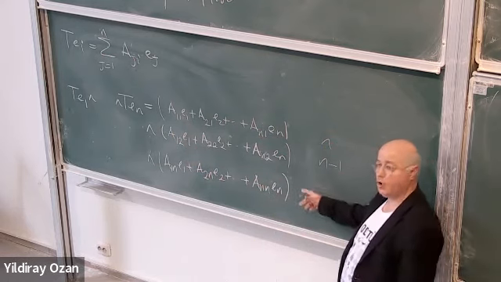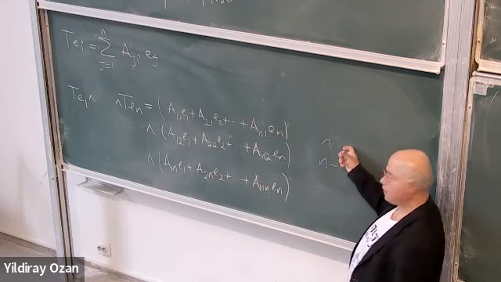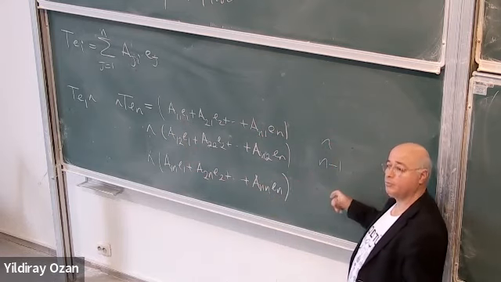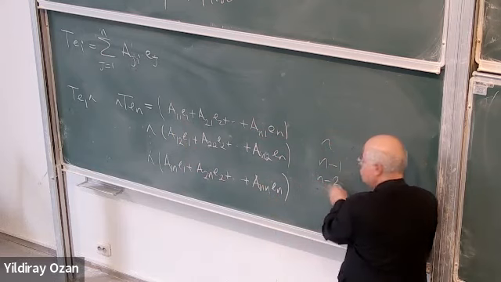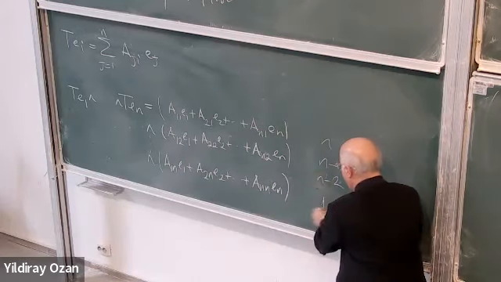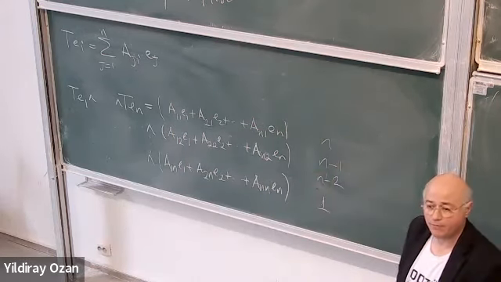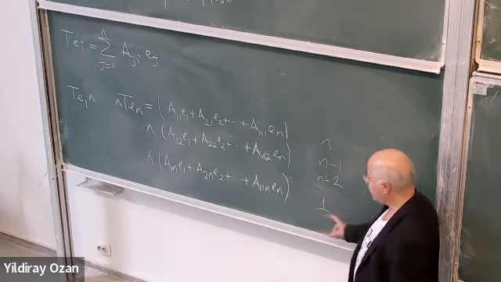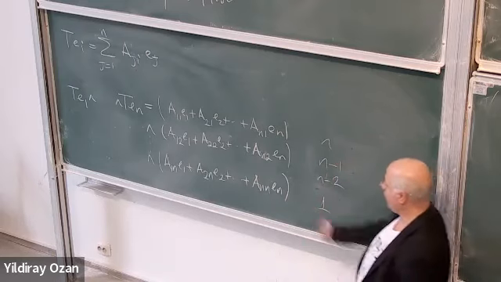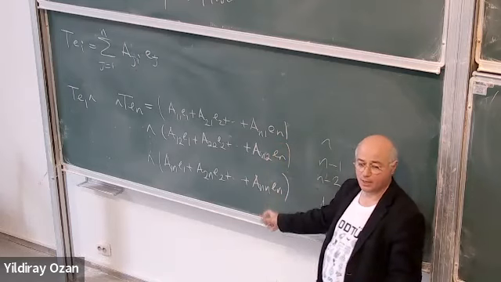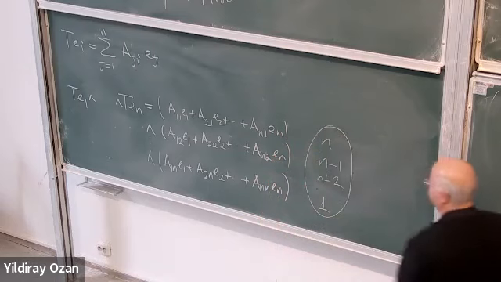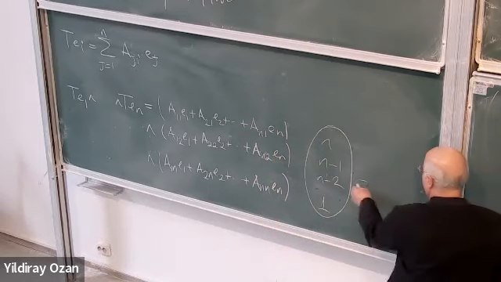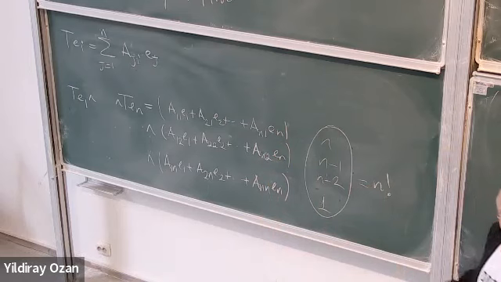For the third factor, if I choose e_1 here and e_2 here, I have to pick a basis element which is not e_1 or e_2. So I have n-2 choices. It will go like this, and at the end I have only one choice because n-1 of them are picked. So in total, I have n factorial terms.